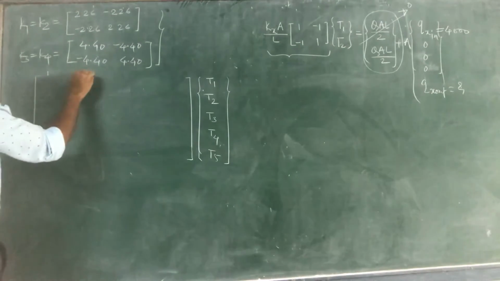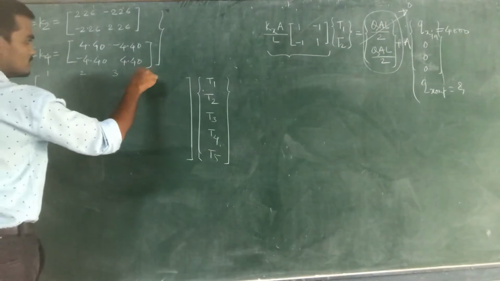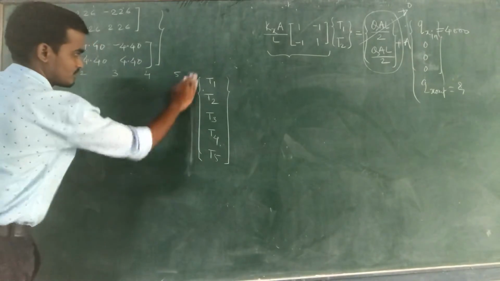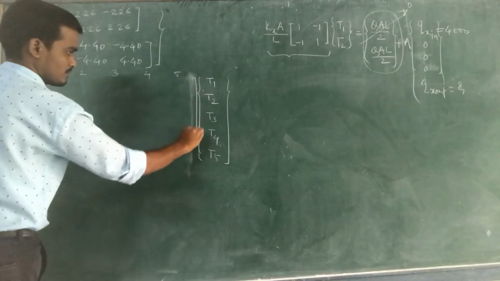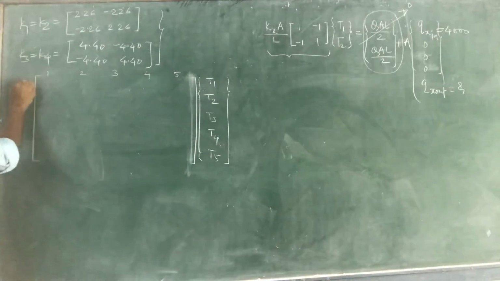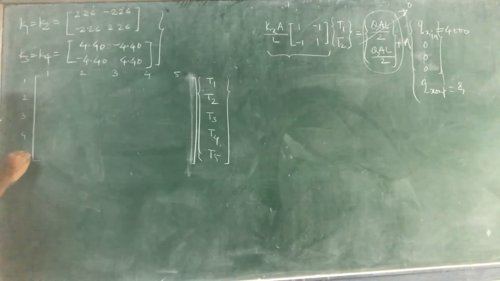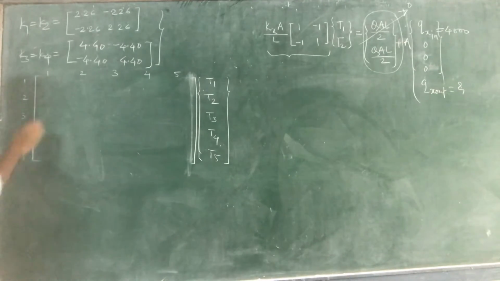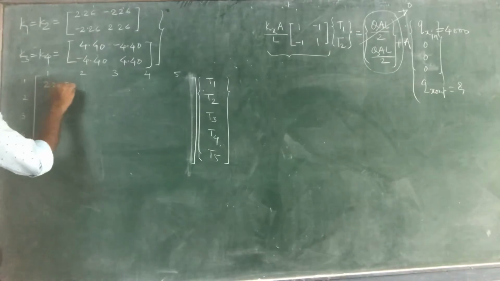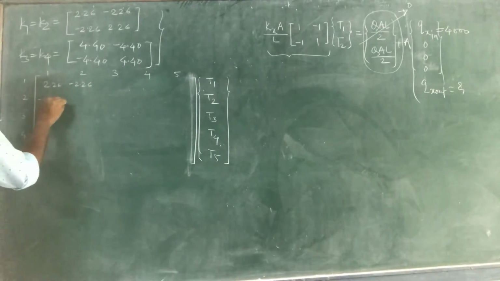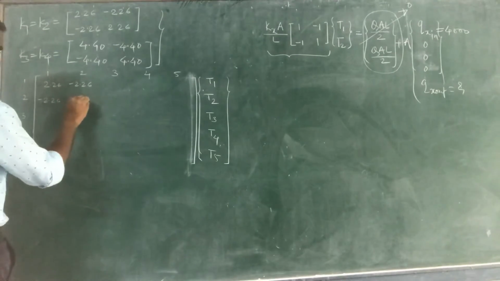1, 2, 3, 4 and 5. Similarly, 1, 2, 3, 4 and 5. Okay, so 2.26, minus 2.26, minus 2.26 and 2.26.